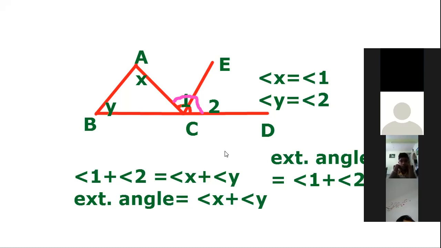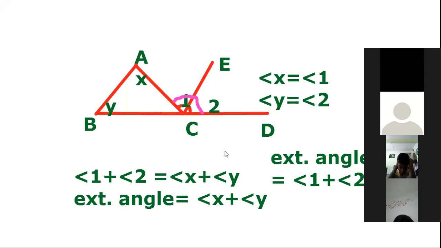How will you get angle 1 equal to angle x? That we have already discussed. Lines AB and EC are parallel, and line AC is a transversal. Therefore, the alternate angles should be equal. That's why angle 1 equals angle x.